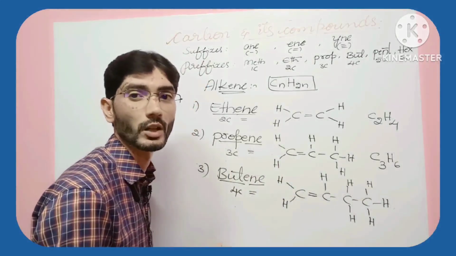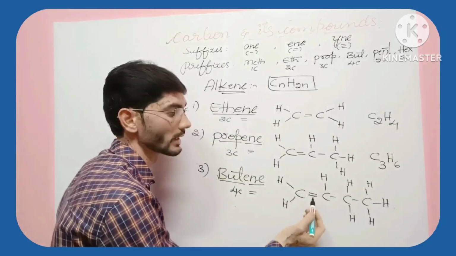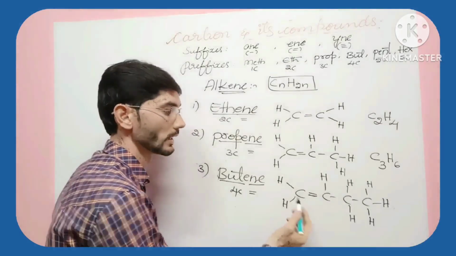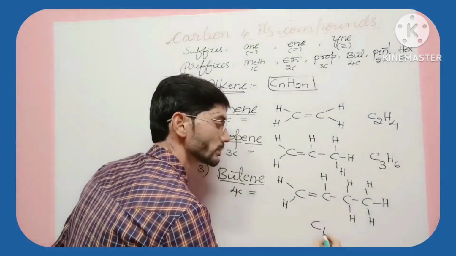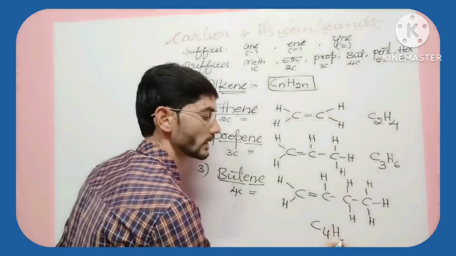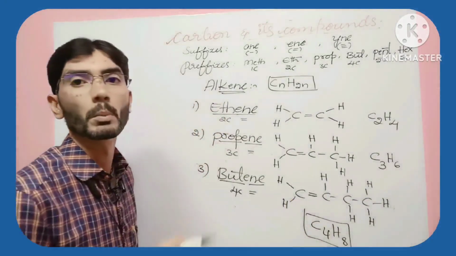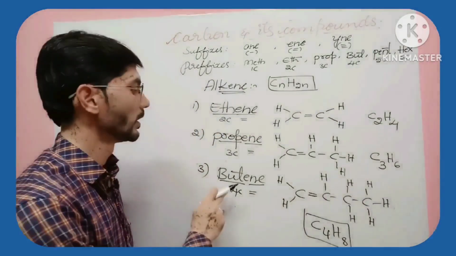That mistake you should not make. You have to count and write. Tetravalency you have to balance. Now C4, and the number of hydrogen atoms is 1 to 8. C4H8 is the molecular formula of butene.